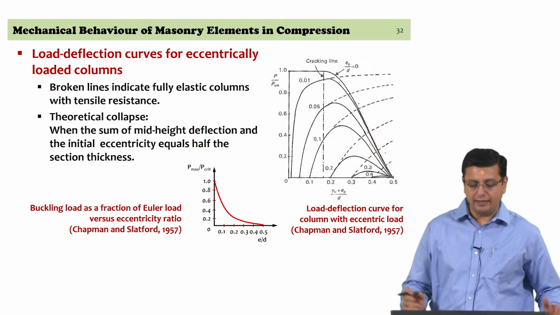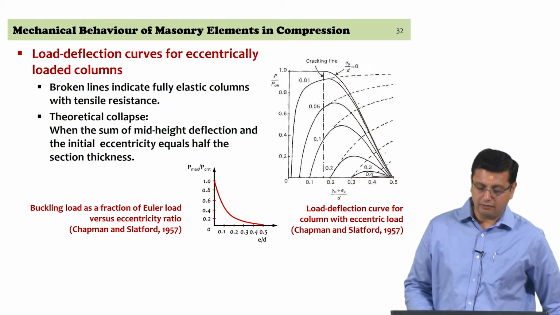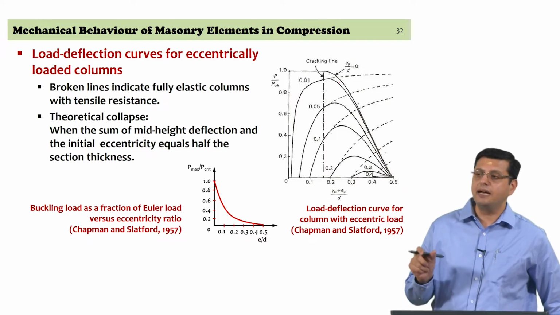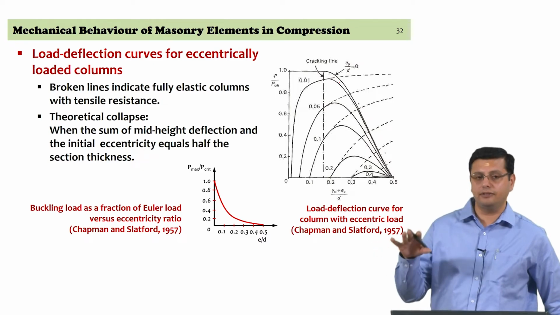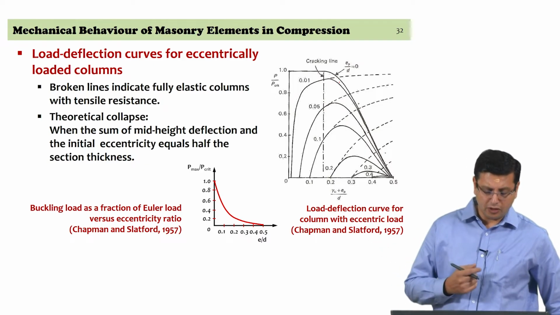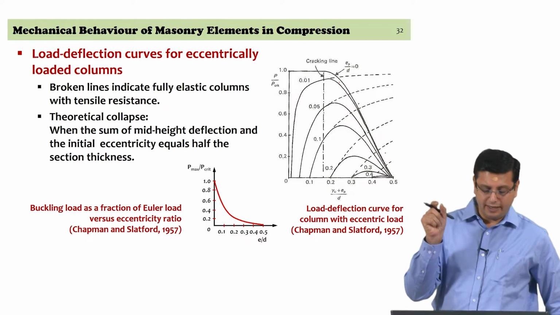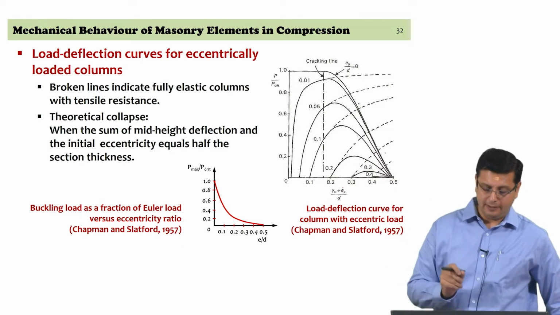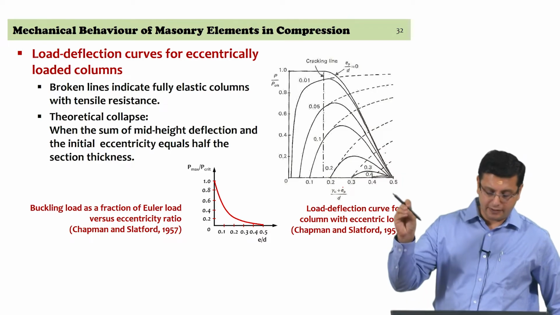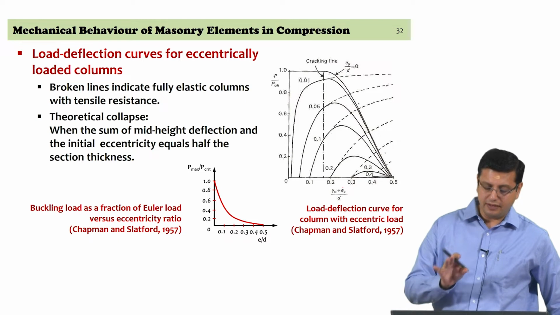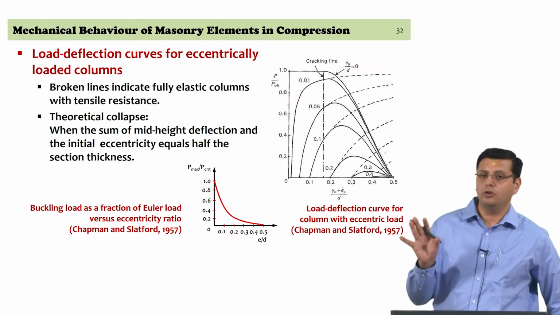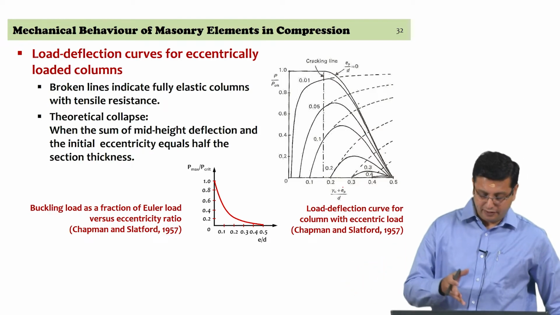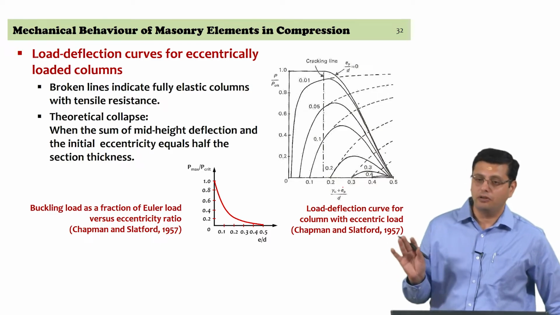Now, one aspect that you need to keep in mind is it has been observed, and most of the analytical forms, most of the design graphs would account for this phenomenon, that when the sum of the maximum mid height deflection that you get in the wall because of the second order effect, and the initial eccentricity that is there because of the eccentricity of the load, so in this case we are looking at yc as the mid height deflection, and ep is the eccentricity of the load, when this reaches 1/2 of the section thickness, so when yc plus ep by d in this case is equal to 0.5, then you typically get loss of stability.